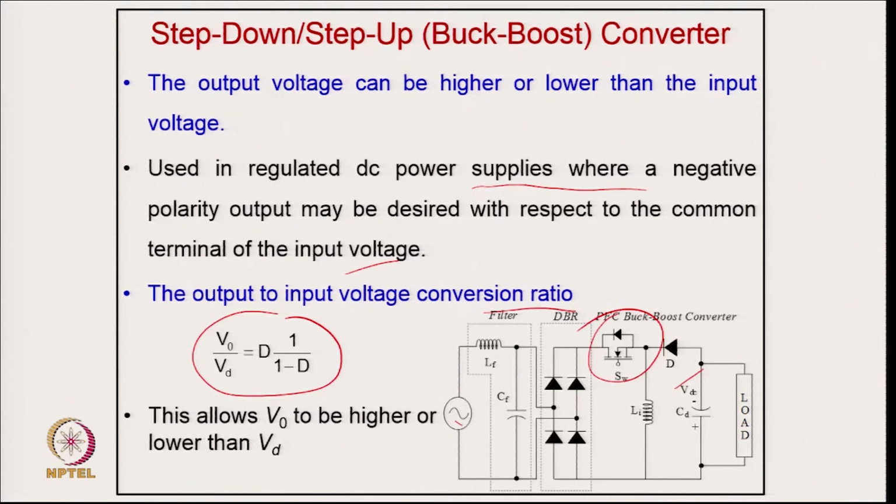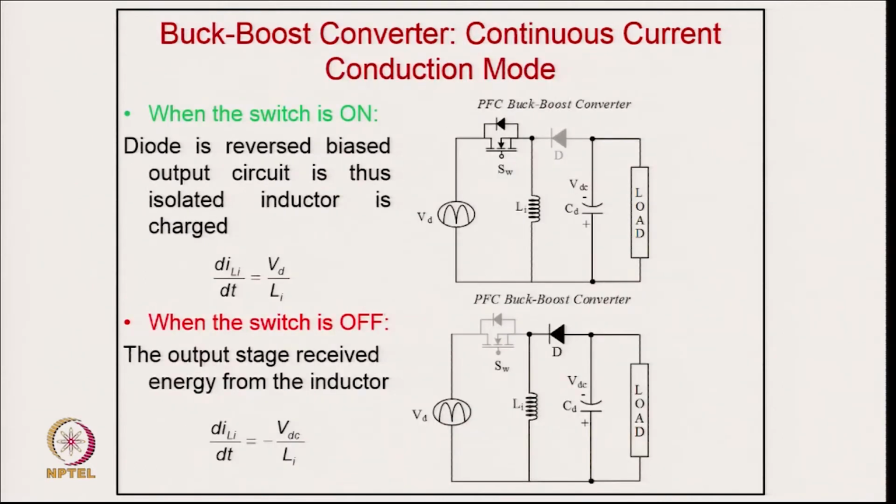If the duty cycle is above 0.5, it gives boost operation. At 0.5, the input and output voltage will be the same, as you can see from that relation. So this allows VO to be higher or lower than VD. Of course it is of opposite polarity, so normally people write a negative sign here.